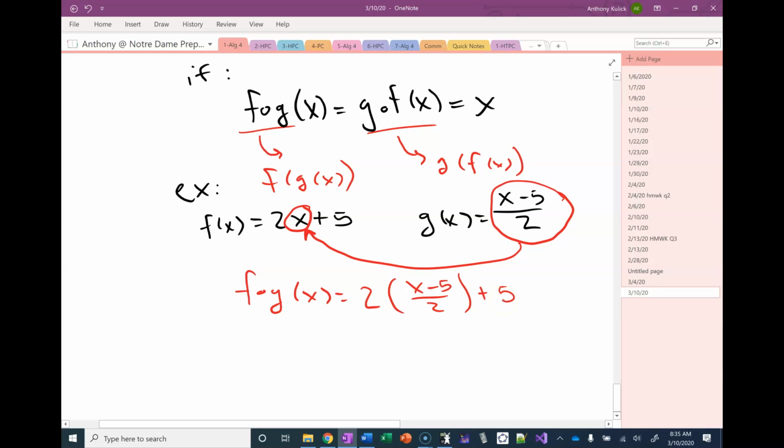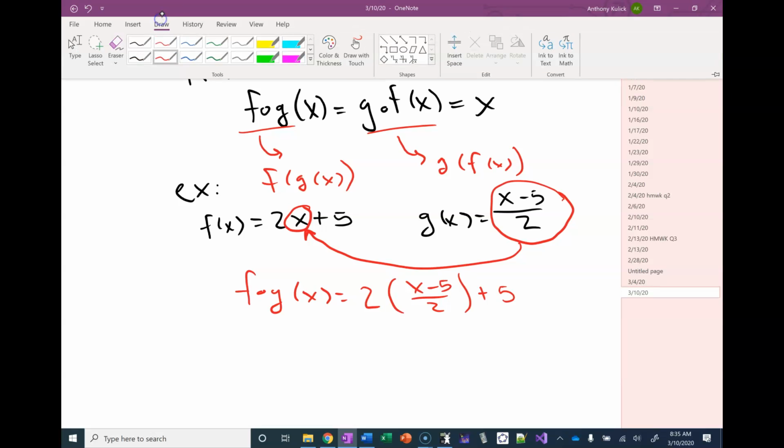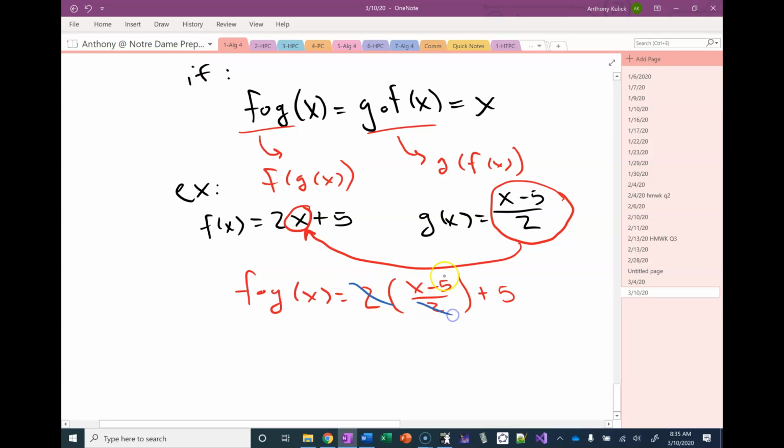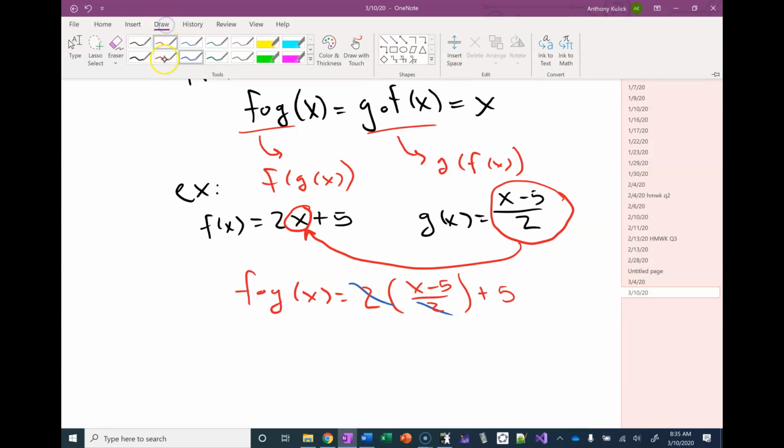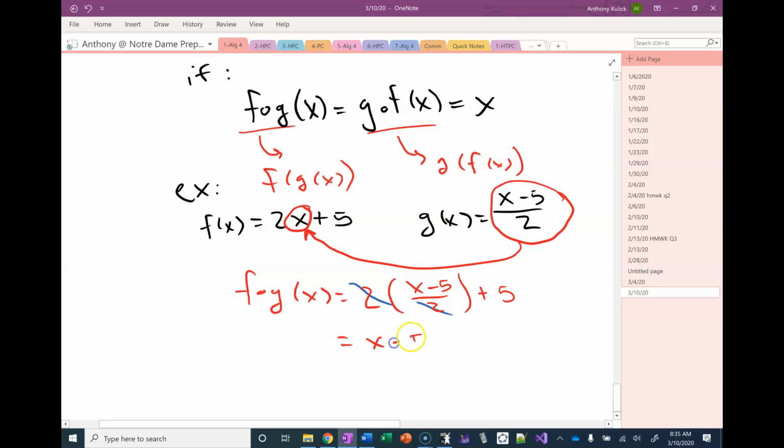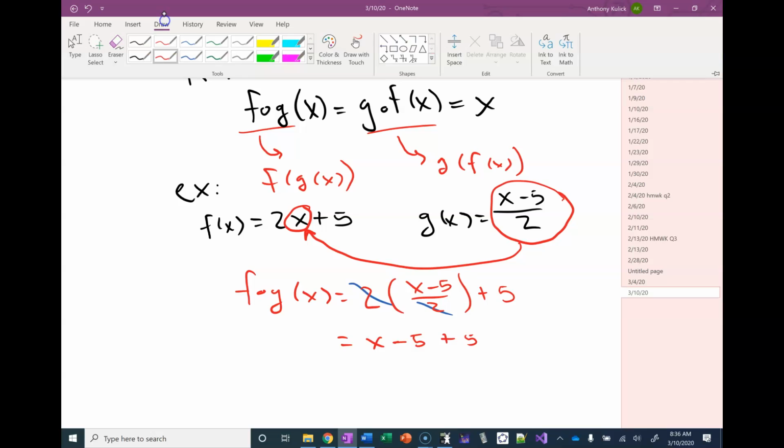Everybody's okay there? So notice that in that parentheses, I have a times 2 and a divided by 2, right? What's going to happen there? Cancel out. So I'm left with x minus 5 and a plus 5. What's going to happen there?